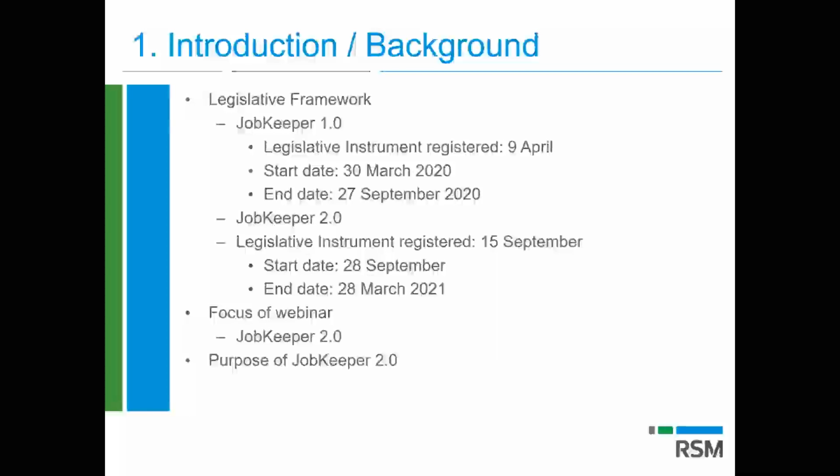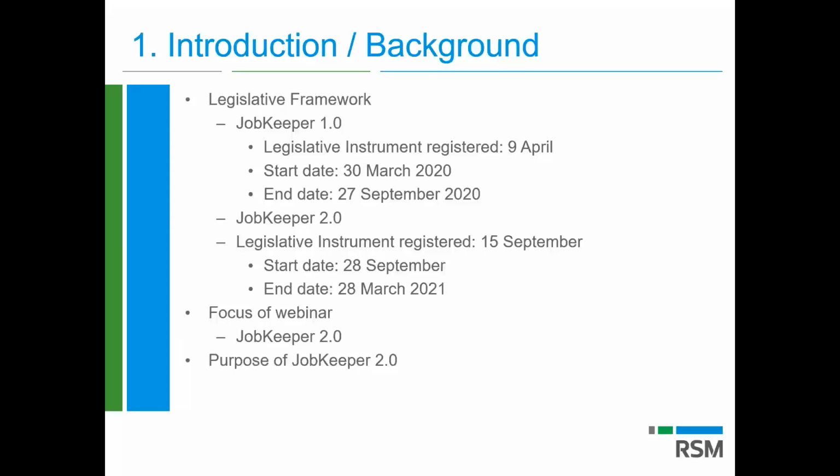So a bit of a brief overview of where we are today. The very start of the scheme dates back to the 30th of March, which seems like a lifetime, and for some, a few lockdowns ago. The government announced the scheme on that date, which included both the JobKeeper Act, which is essentially just a broad framework document, and the more detailed and complex rules around JobKeeper.